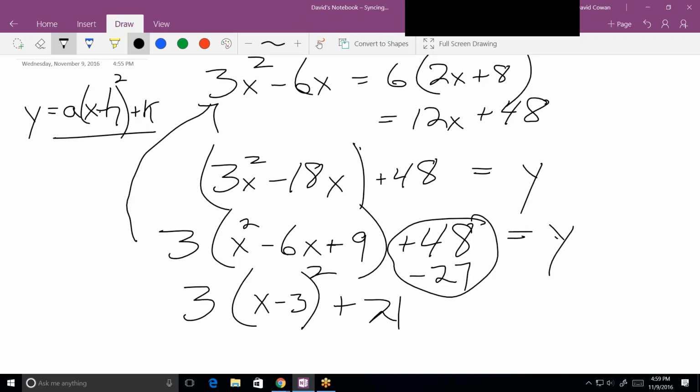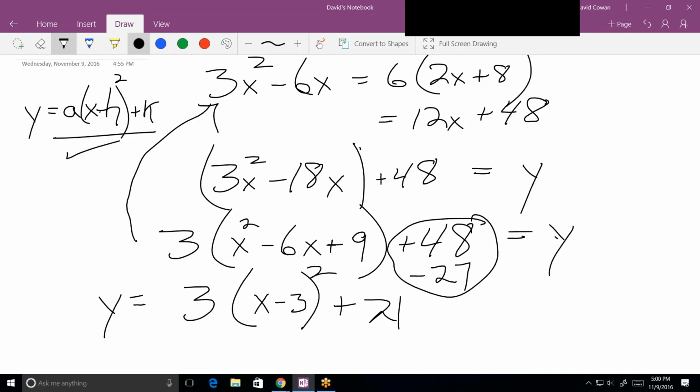Well, where did the 9 go? All I did was, when I wrote in plus 9, I added 27 to the left side of this whole equation. So by subtracting 27, I canceled out the effect of writing that 9 in there. In other words, my goal is to manipulate this top equation so that it looks exactly like vertex format, but I don't ever want to change it.